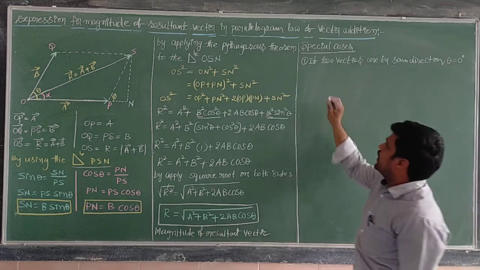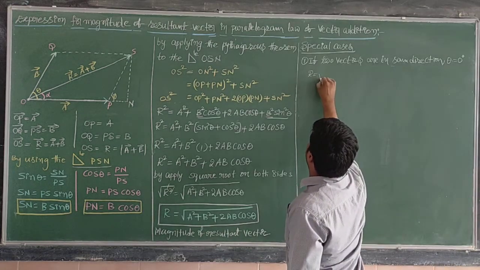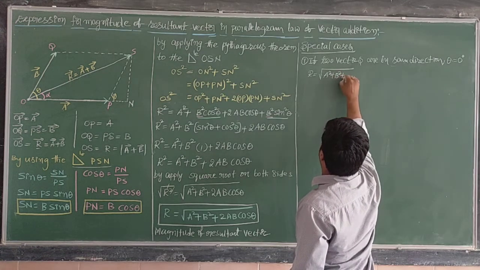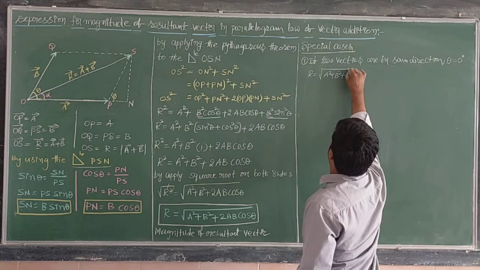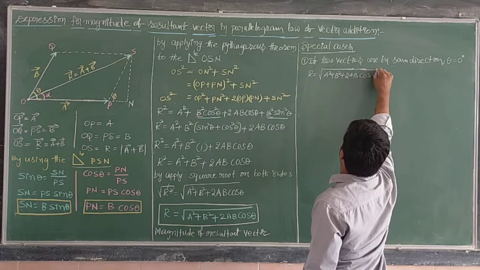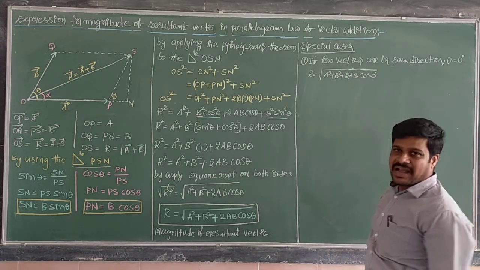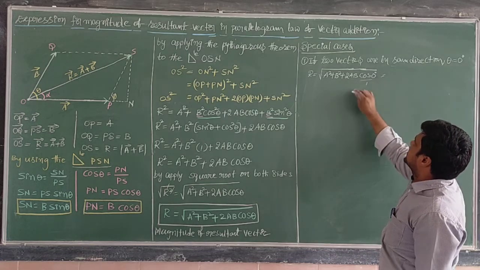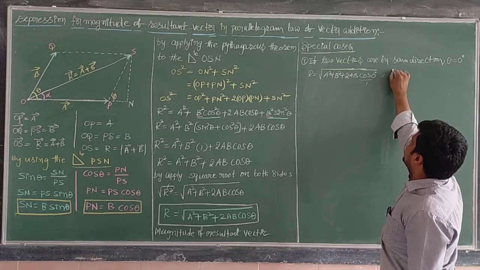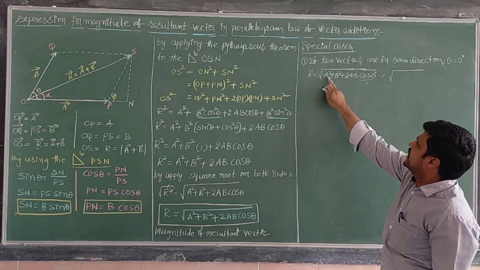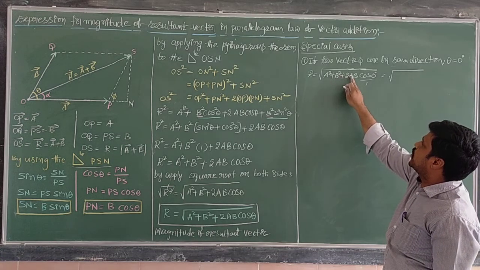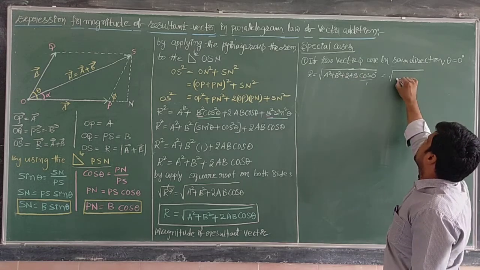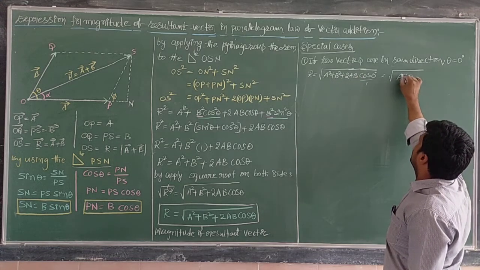In that case, the resultant vector R is equal to square root of a square plus b square plus 2ab cos theta. Cos 0 value is 1. So R is equal to the square root of a square plus b square plus 2ab, which is a plus b whole square.